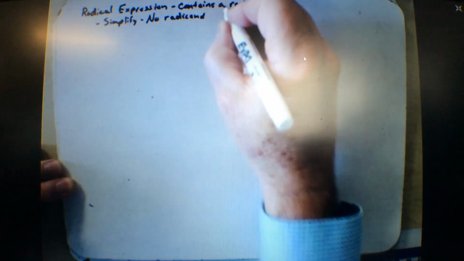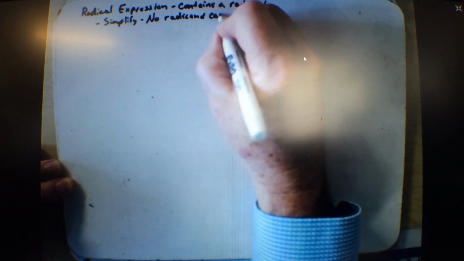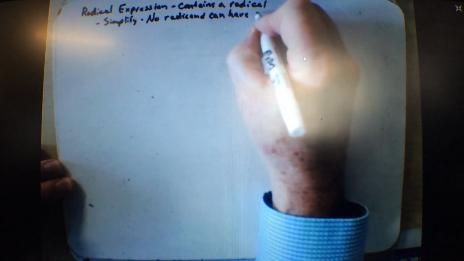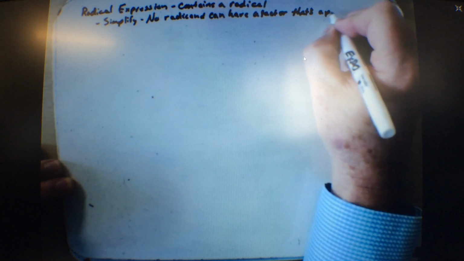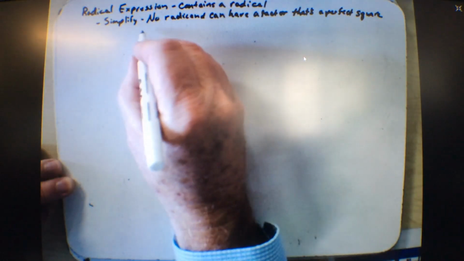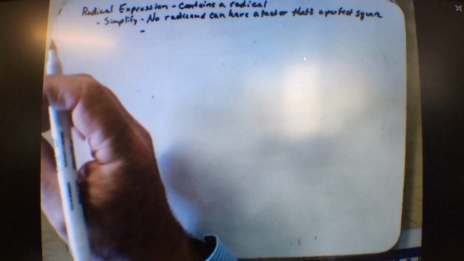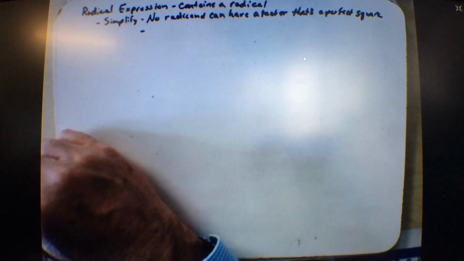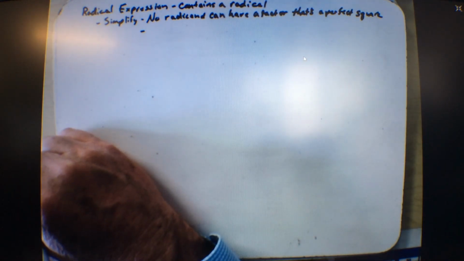No radicand can have a factor that's a perfect square. Okay? That's the first thing. No radicand can have, so the square root of 8 you cannot have. Okay, so maybe I'll give that example to you.